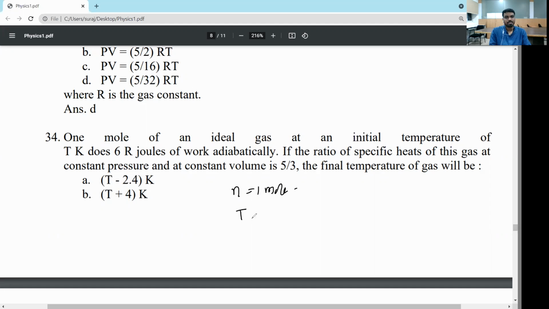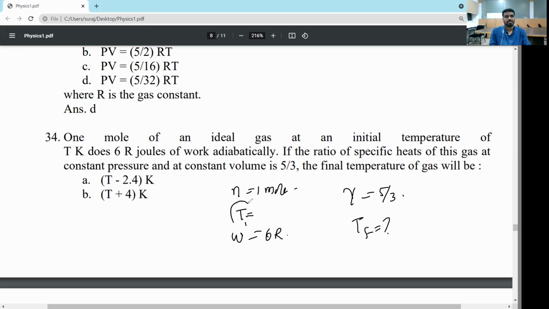Initial temperature is T. Does 6 joules of work adiabatically. Work done is equal to 6 J. Gamma is given 5 by 3. Find final temperature. T final is equal to question mark.